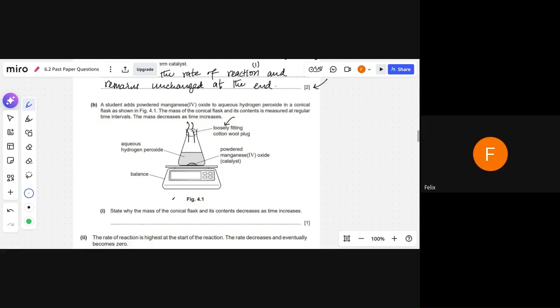So the gas escapes. So we answer that oxygen escapes from the flask. Yeah, so I hope this is clear.